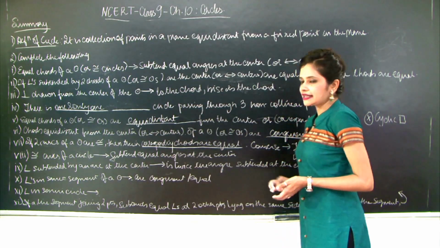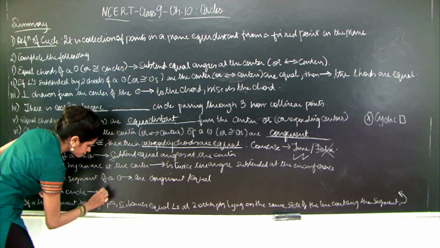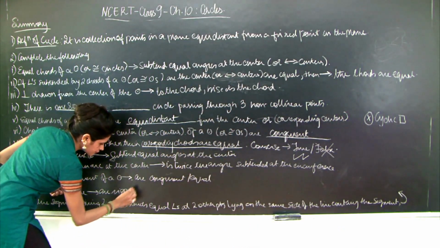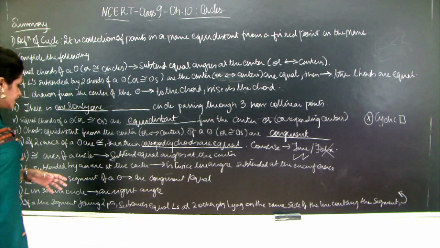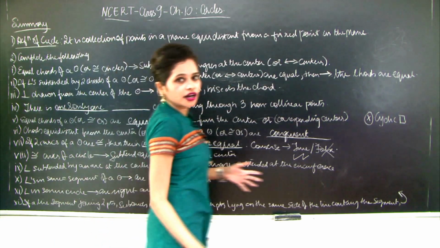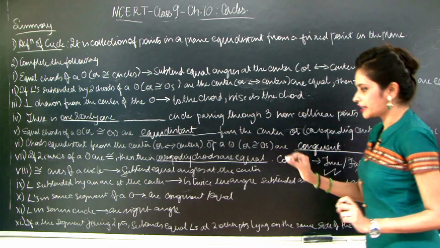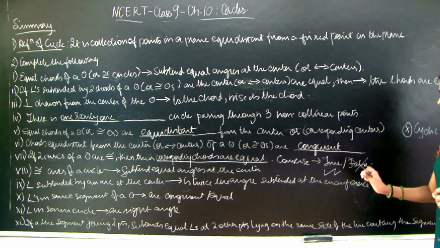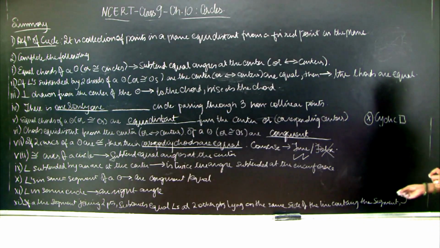Angles in a semicircle, we just learned. Angles in a semicircle are right angles. Now, if a line segment joining two points subtends angles at two other points lying on the same side of the line containing the segment.